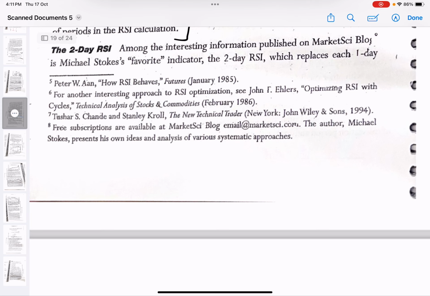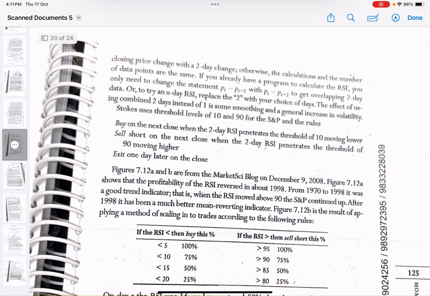Now let's talk about the 2-day RSI. Among the interesting information published on the MarketSci blog is Michael Stokes' favorite indicator, the 2-day RSI. Instead of taking a 14 period, you take a 2-day period for the closing price change. Instead of calculating individual up days and down days, you are calculating the change in the price on a 2-day basis.